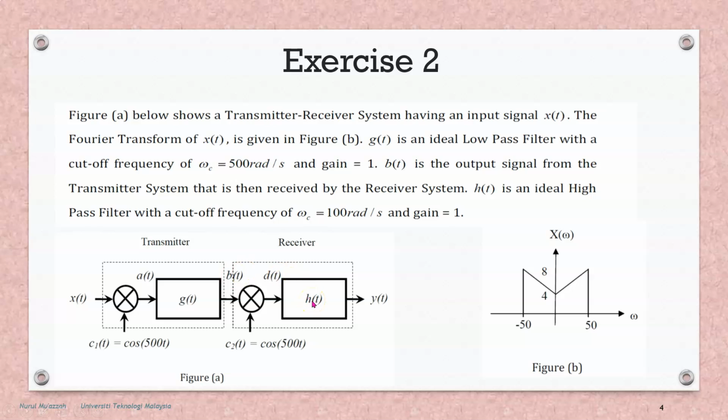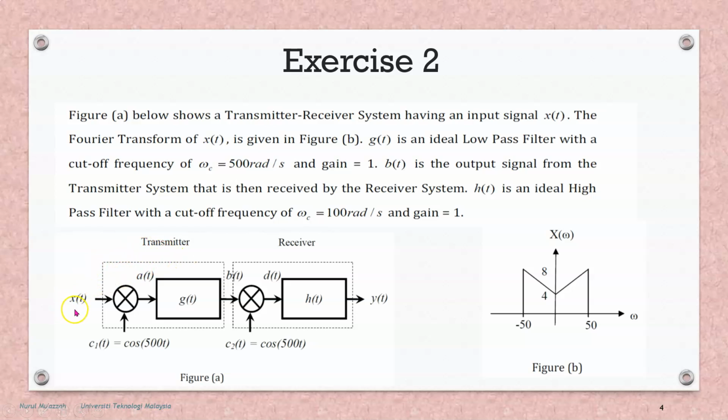ht is an ideal high-pass filter with a cut-off frequency of omega c equal to 100 radian per second and gain equal to 1. So I repeat again, for this whole system, we have xt as the input, and the dotted box shows the transmitter system.